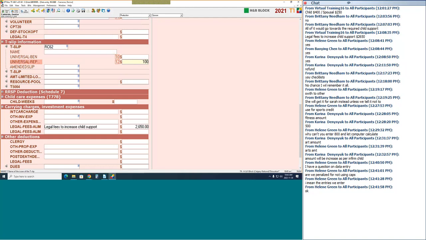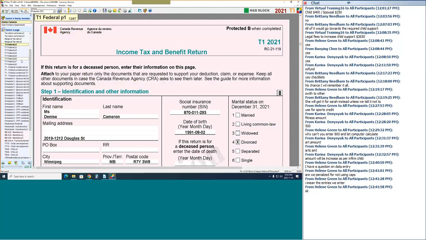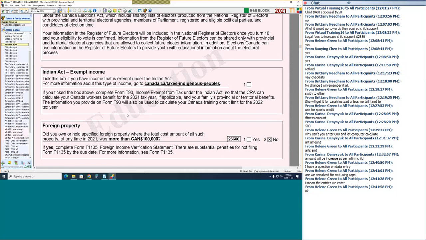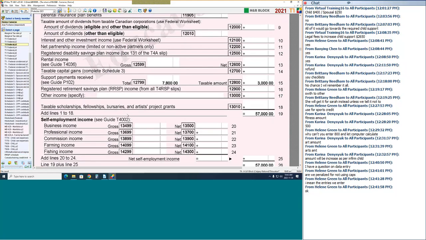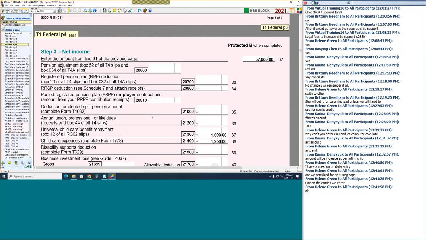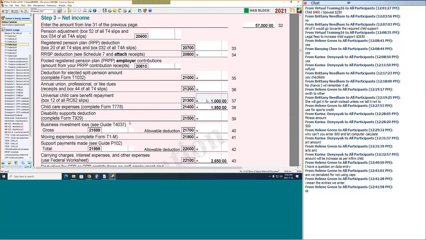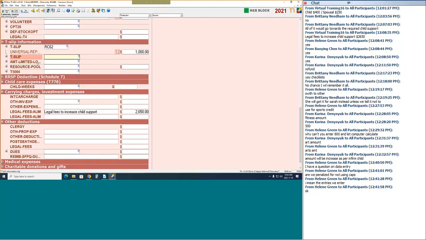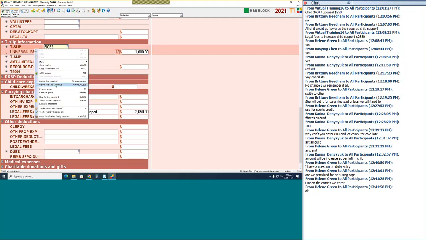So maybe she had a $1,000 repayment. If she'd had a $1,000 repayment and I go to her return, I go down, you're going to notice that she's going to have a UCCB repayment here, box 12 of all slips. So those ones, hopefully, it will be data entry that makes sense to your brain because you have a tax slip in front of you with a box number.